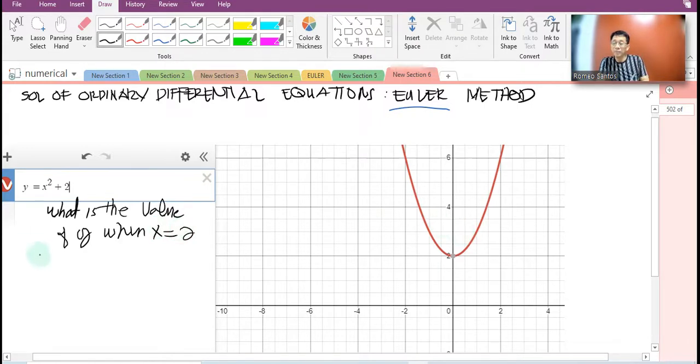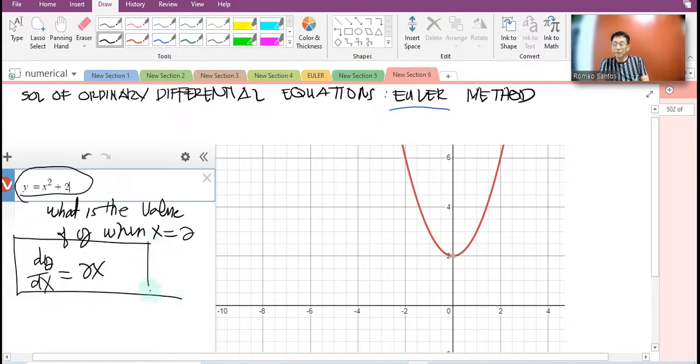Of the differential equation dy/dx is equal to x. Parang ganyan. Okay? So, yun ang problem. Originally, ito naman yung equation natin. Okay? We are asked to find the value of y at that point, given the differential equation.